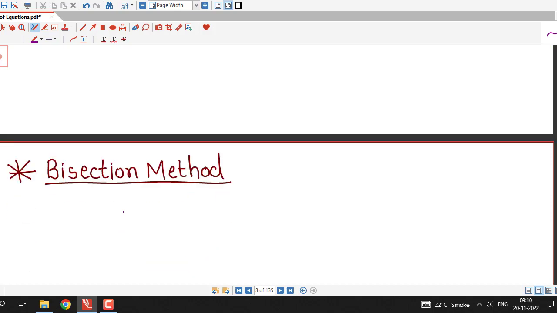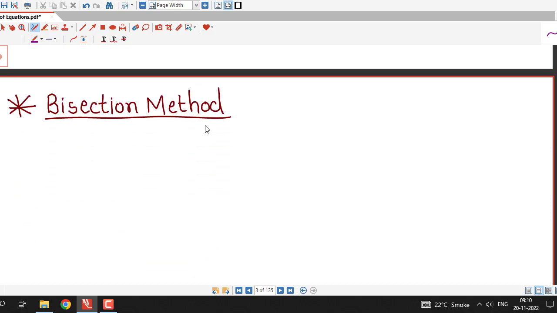So the first method we will start with is the bisection method, and we are going to use it for solving equations of the form f(x) equal to 0, where f(x) is a function of a single variable.